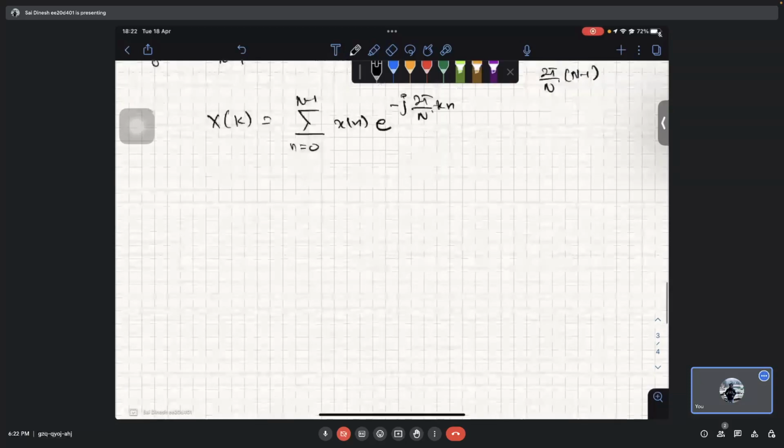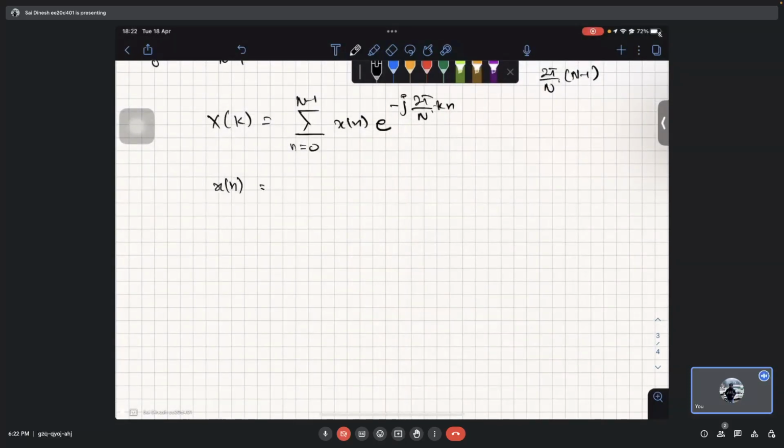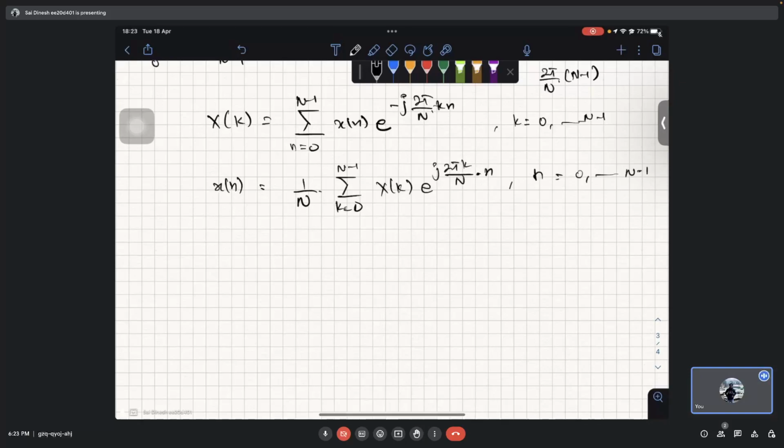Here k equals 0 to N minus 1, here n equals 0 to N minus 1. In both time and frequency domains it is N samples. So this is what DFT is.